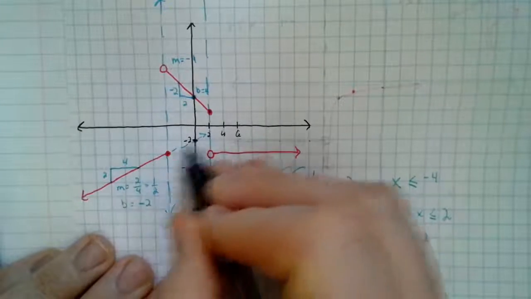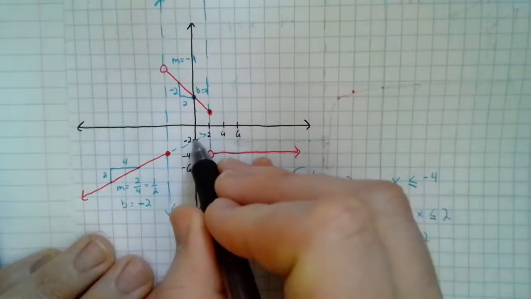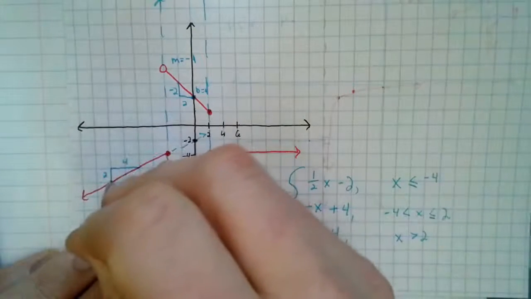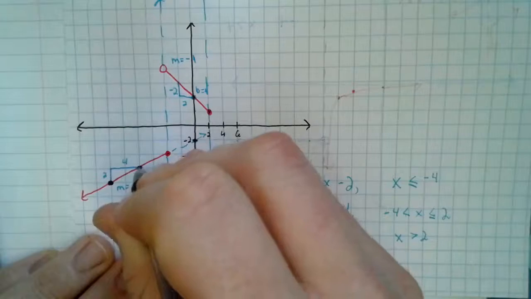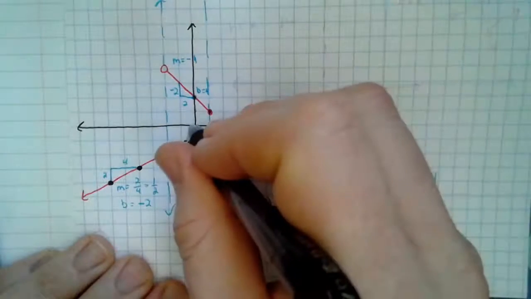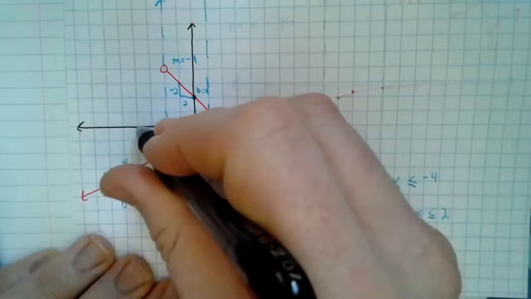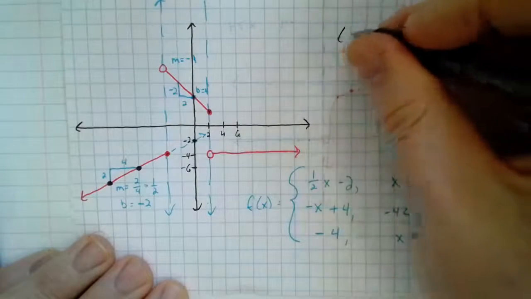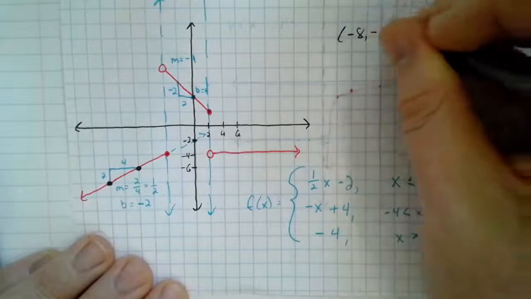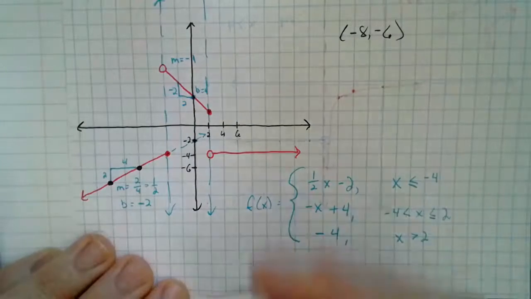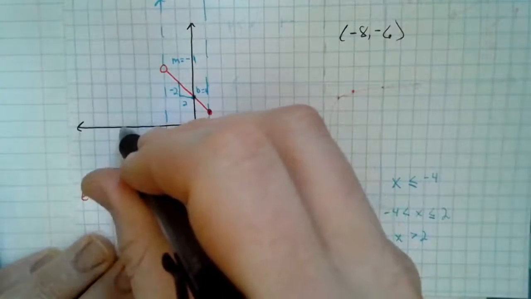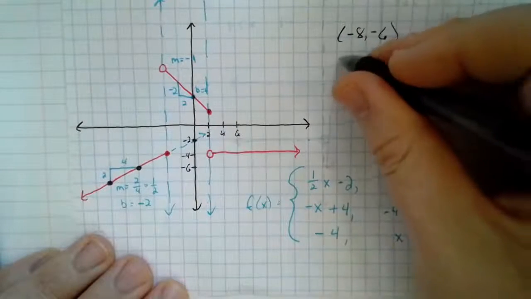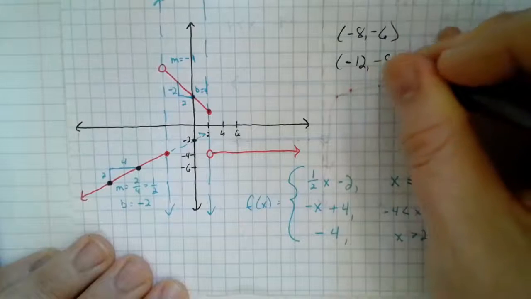Okay? So here, just so you can also go back over this skill, let's say I wasn't too clear on where this part crossed the y-axis. Maybe I'm like, well, maybe it's -2, maybe it's not. That's fine. Pick 2 good points, right? Here's a point, here's a point, right? If I get the coordinates, I've got the point -8, -6, okay? If I go ahead and take a look at this other point, it's -12, -8.